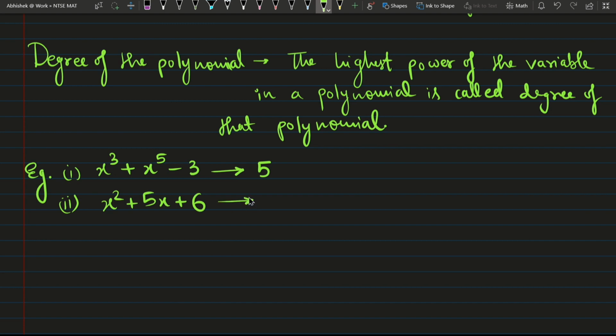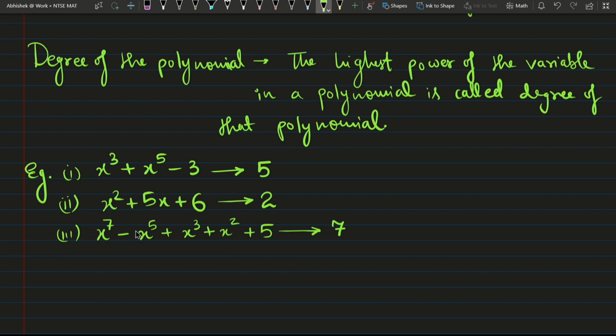The degree of the polynomial is 2 because the highest power of the variable is 2. Now another example, x^7 minus x^5 plus x^3 plus x^2 plus 5. Here the degree of the polynomial will be 7 because the highest power of the variable is 7.